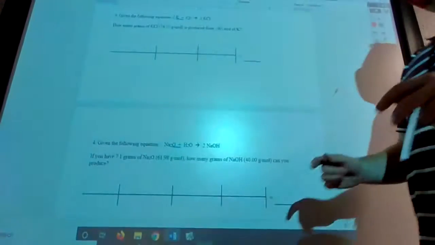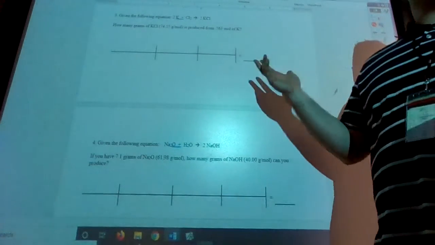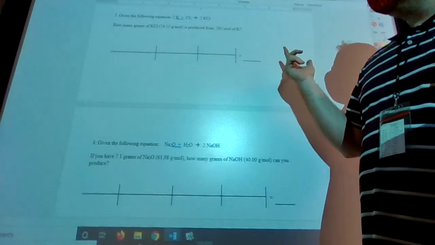Okay, so now lights back out. Number 3. Let's take a look at number 3. So what kind of problem is this? Moles to grams. So something I can do to help myself out. What's my chemical A?